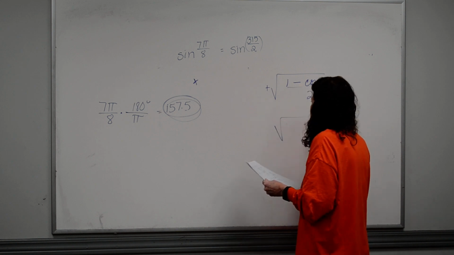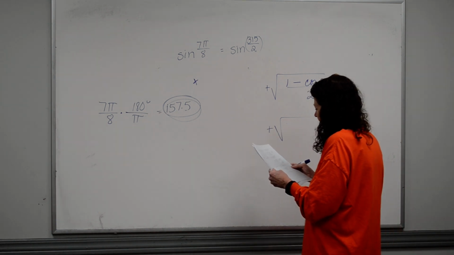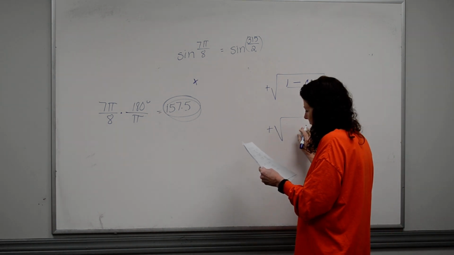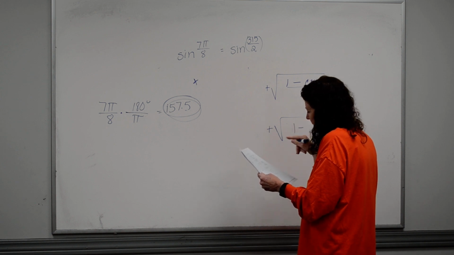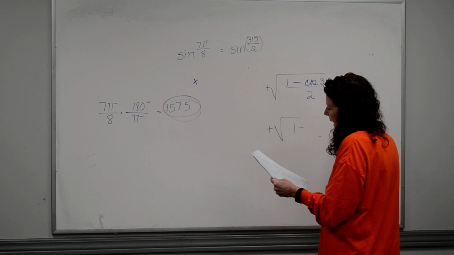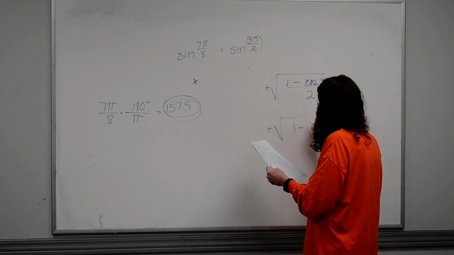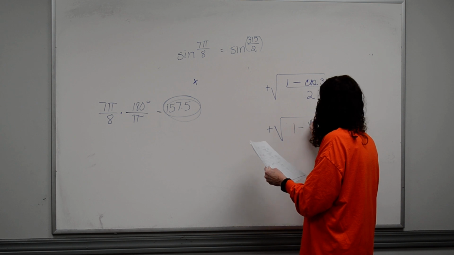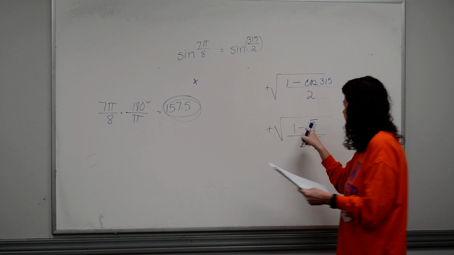So I just have to substitute in there what the cosine of 315 is, and it's actually going to be 1 minus, let's see, 315 is going to bring it around to the fourth quadrant, which means it's going to be positive. So I have 1 minus the square root of 2 over 2 divided by 2.